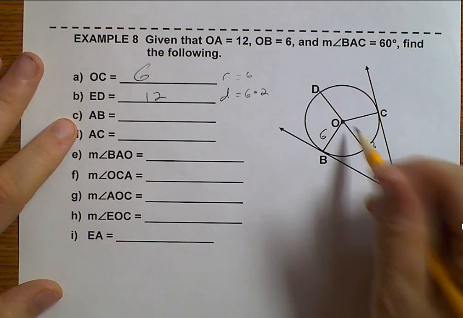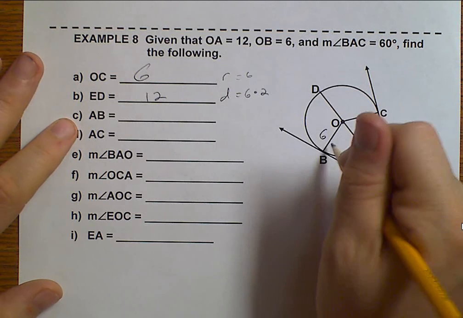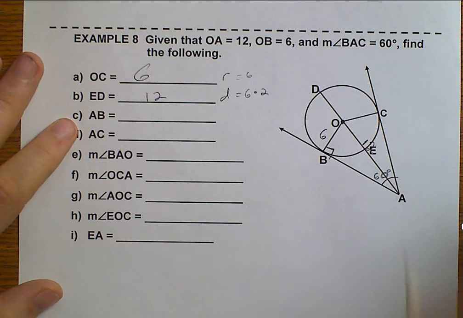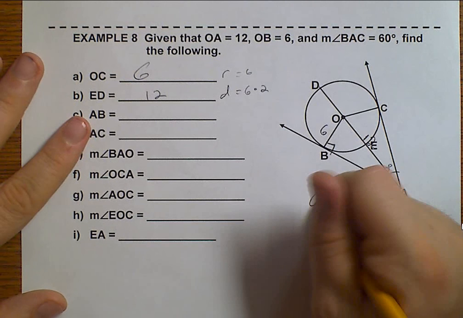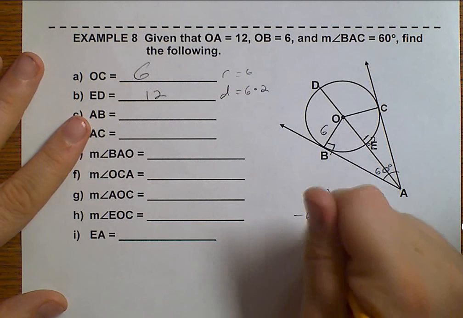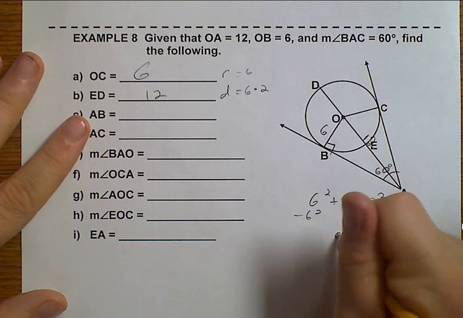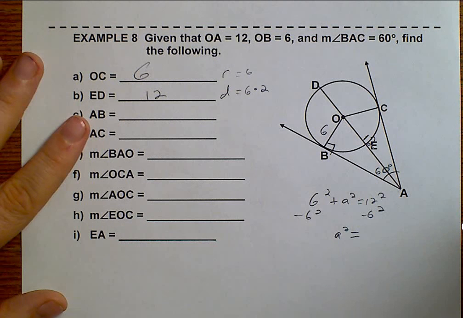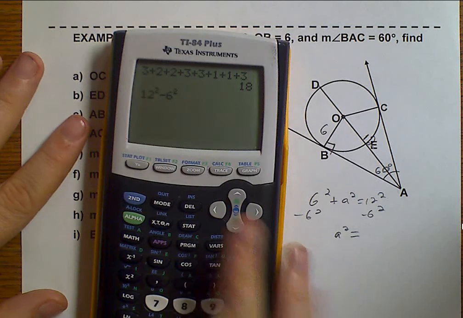AB, well, I know that this is a right angle because of the point of tangency. So 6 squared plus a squared equals 12 squared. If I subtract 6 squared from both sides, I get 12 squared minus 6 squared is 108.